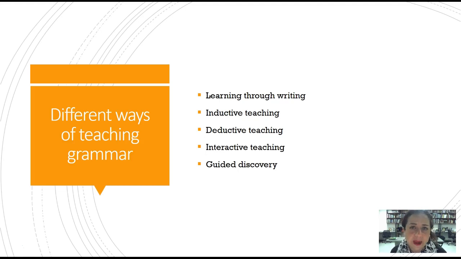Which one of these ways of teaching grammar are you going to choose? Well, it will depend on your beliefs, and also on the place where you work, because each place has a distinct grammatical model, and it depends also on the method. For example, guided discovery, inductive teaching, learning through writing, and interactive teaching play very well with the communicative approach.